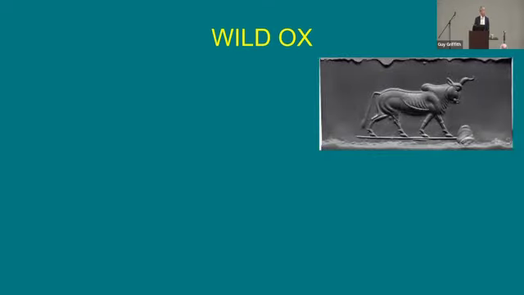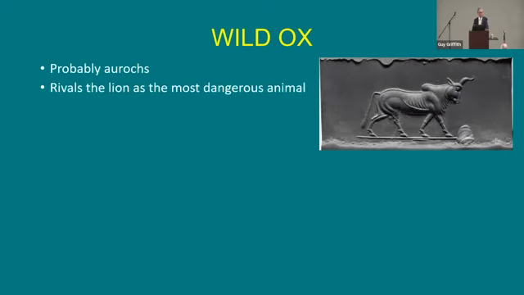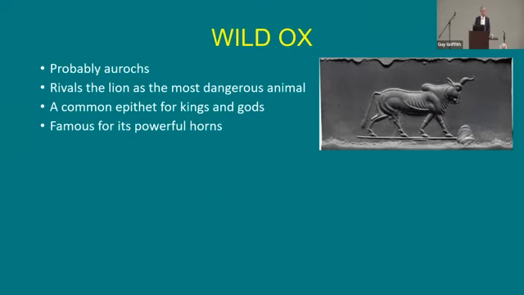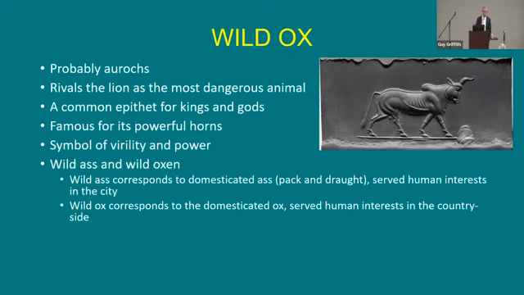The wild ox is probably the aurochs, which became extinct about 1500. It rivals the lion as the most dangerous animal, so it became a common epithet for kings and gods. It's famous for its powerful horns, and it's a symbol of virility and power.